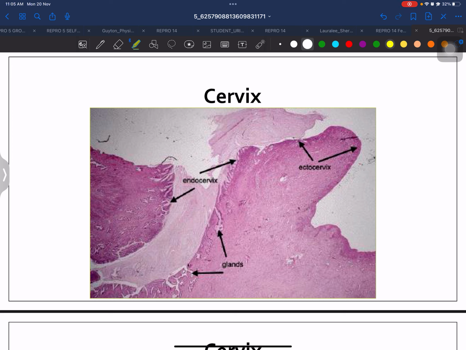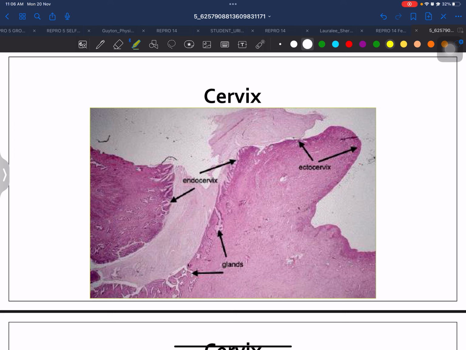Why does this happen? The cervix, dia yang dekat inner, is continuous from the uterus, and dia keluar berjumpa dengan vagina. Sebab tu dia ada dua type of epithelium.